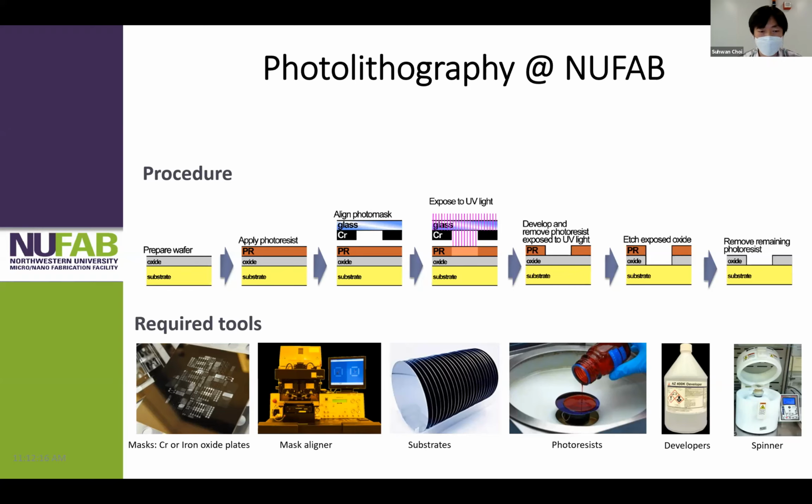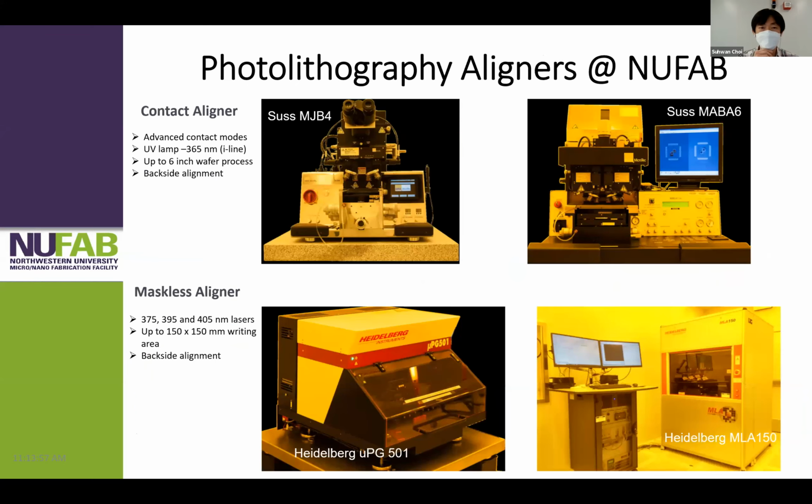The required tools are a mask aligner, substrate, photoresist, developers, and spinners. Here at NUFAB, we have two different aligners. At the top, we have the SUSS MJB4 and MA6 contact aligners.